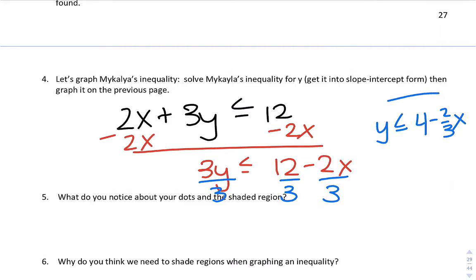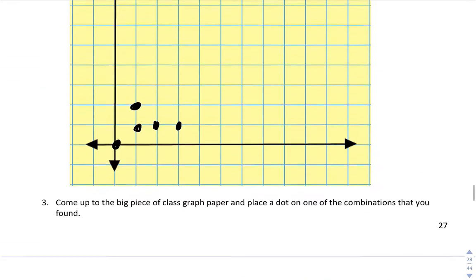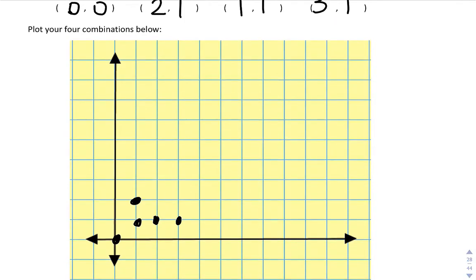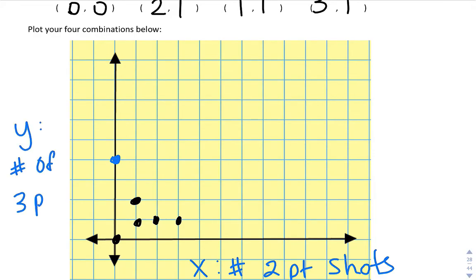Let's graph that. We start at 4, and the slope is negative 2/3. So start at 4: 1, 2, 3, 4. I should put x is the number of 2-point shots, and y is the number of 3-point shots.